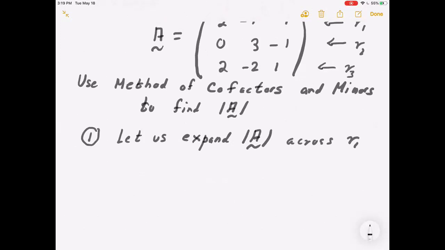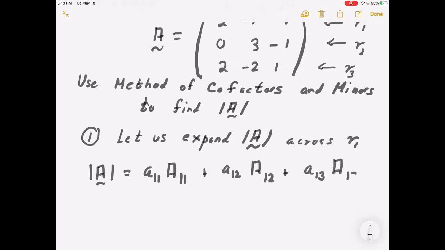Okay, so that means that the determinant of A using the method of cofactors and minors over row 1 is a sub 1,1 times the cofactor A sub 1,1, plus the matrix element a sub 1,2 times the cofactor A sub 1,2, plus the matrix element a sub 1,3 times the cofactor A sub 1,3.